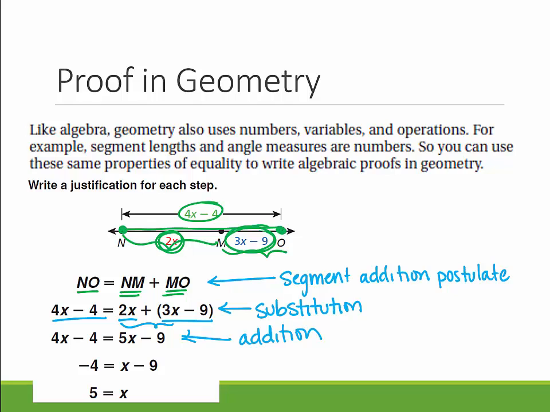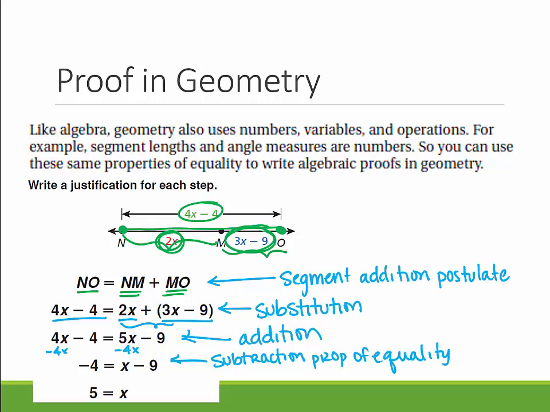And take a look at what they did. Suddenly we only have 1x. So they did this and subtracted 4x from both sides. So we can say they used the subtraction property of equality.